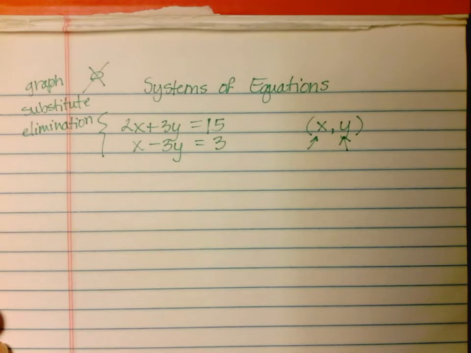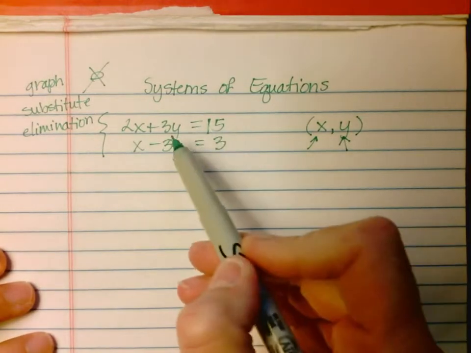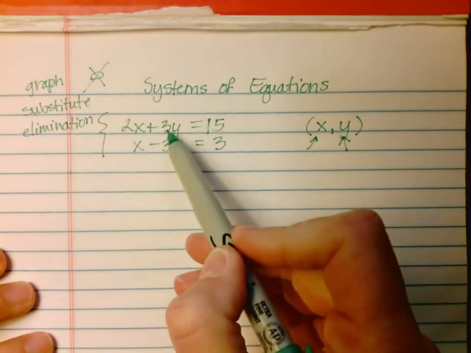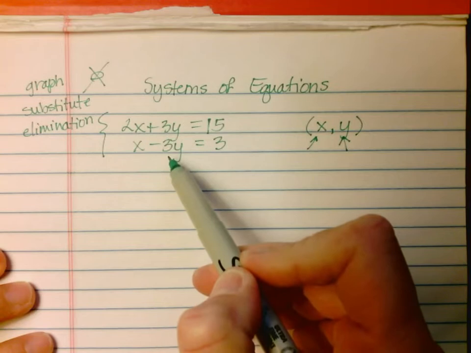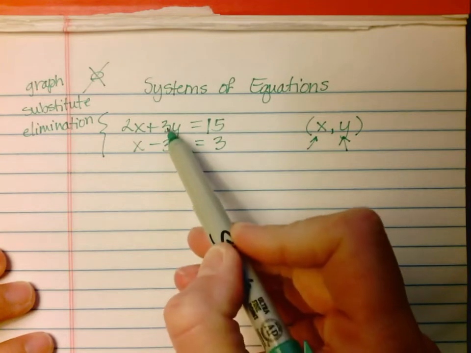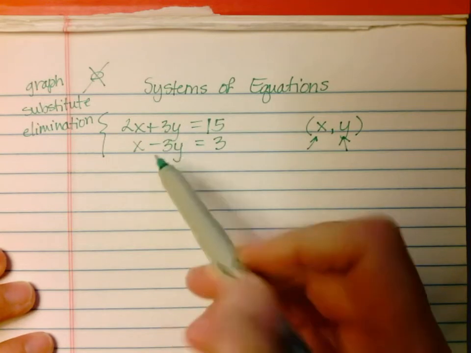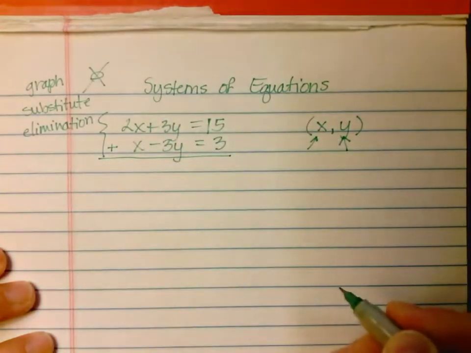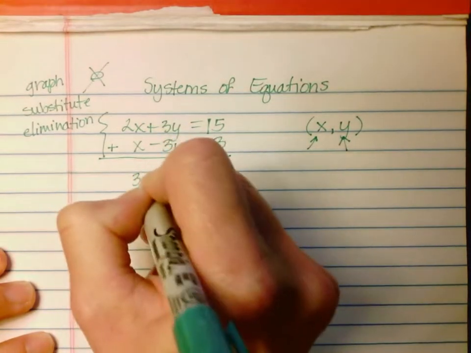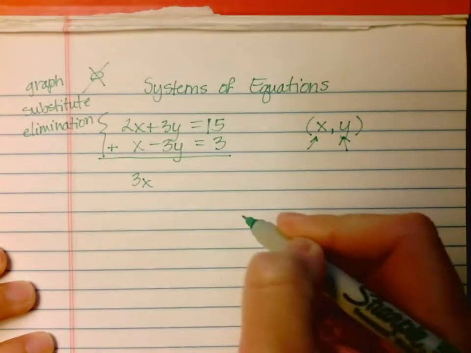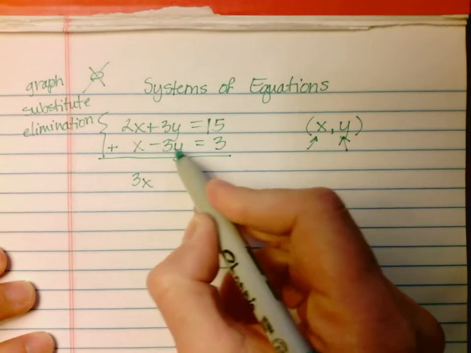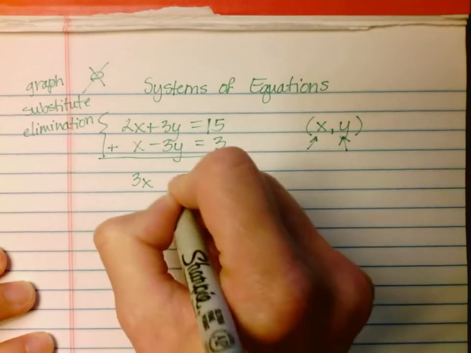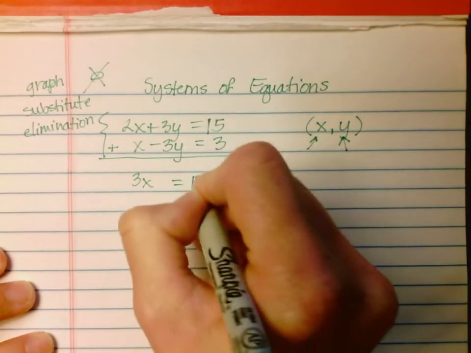I'm going to choose elimination for this specific example. When the coefficients of one variable, like the variable y, are opposite numbers, all you have to do to eliminate that variable is add the two equations. 2x plus x is 3x, 3x minus 3y is 0, 15 plus 3 is 18.